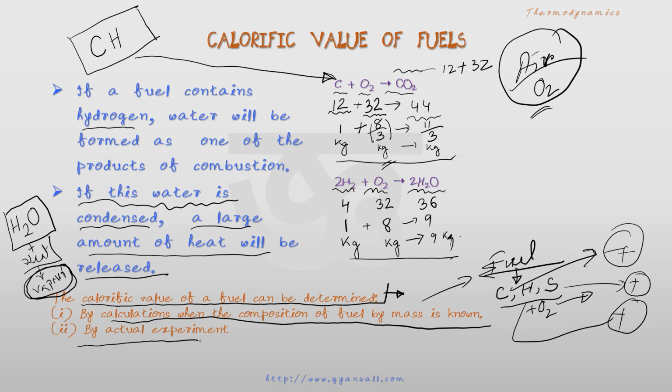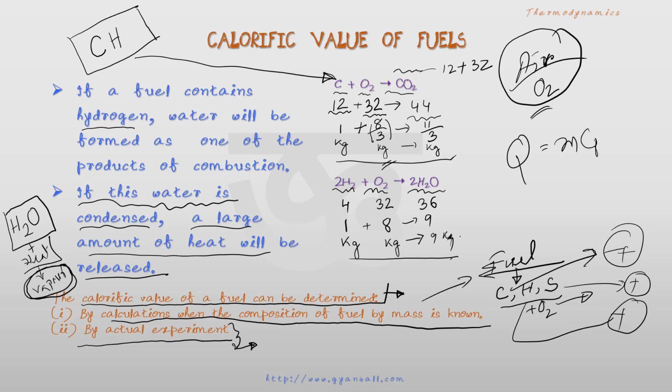Another method: we can also do an experiment. We can burn some fuel, it may be coal, it may be any liquid fuel, petrol, diesel or anything, burn that fuel and entrap that heat in a container. Keep the heat within a container with some insulating materials and measure the increase in temperature. From that increase in temperature, we can measure the heat, because Q is equal to how much?